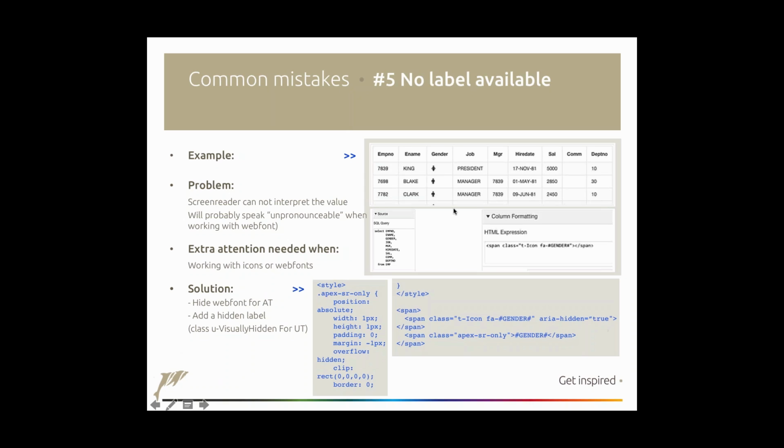Well, we want to hide the actual icon from the screen reader, because if you have a better look at how Font Awesome creates the icons, it's with a CSS pseudo selector with a specific content, and that's great to make icons because they are actually a web font, so they are scalable, very, very good. But a screen reader will not know how to speak up the content of a Font Awesome icon.